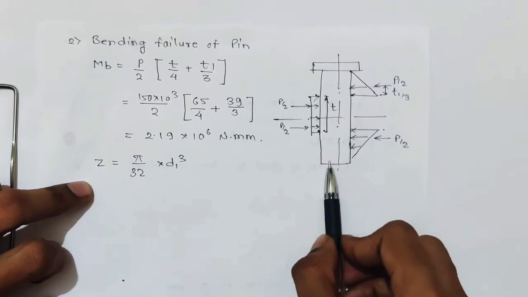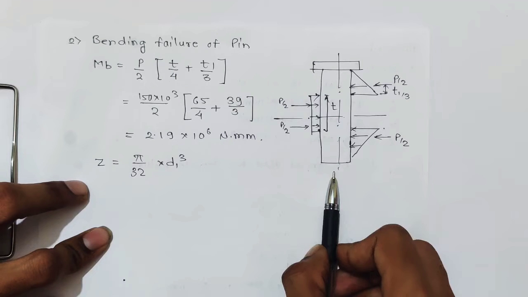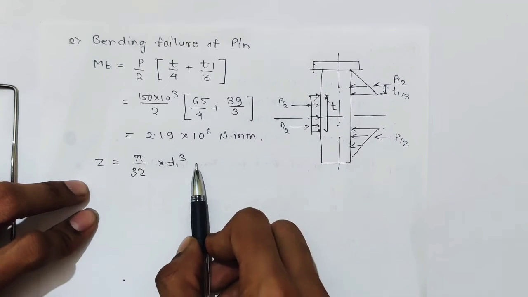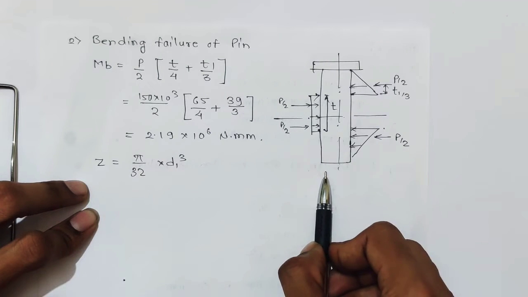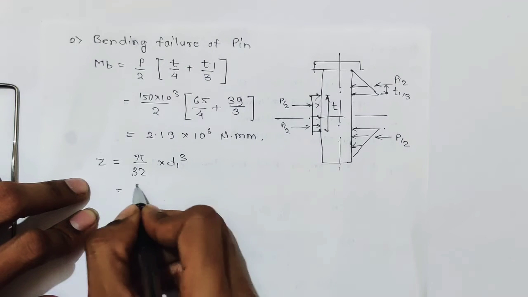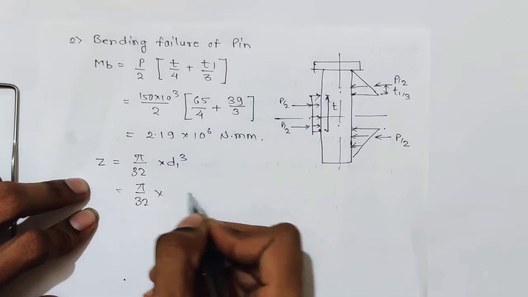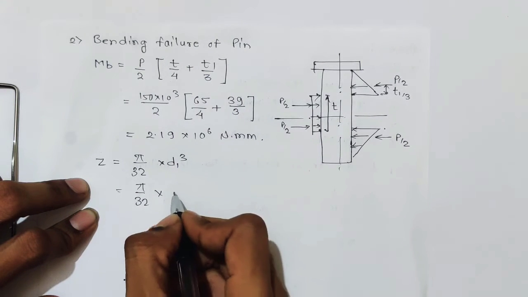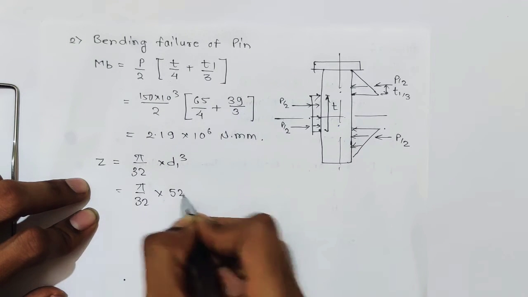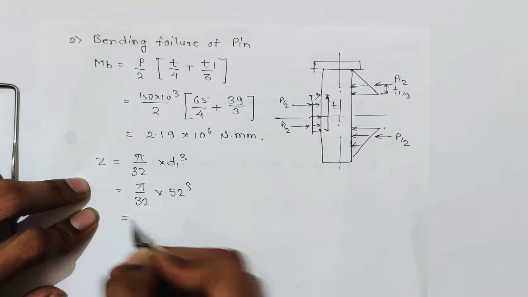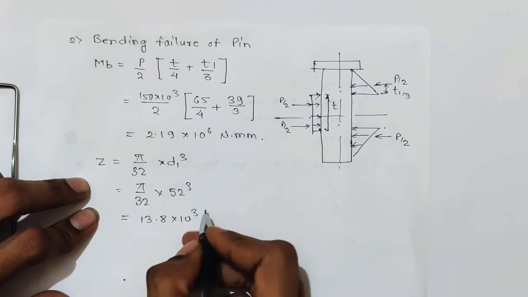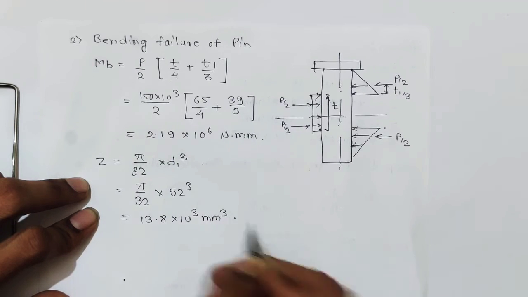Section modulus for a circle of diameter d1 is pi by 32 d1 cube. Z is nothing but I by y. So it is pi by 32 into d1, which is 52 mm, cubed. It comes to about 13.8 into 10 raised to 3 mm cube.